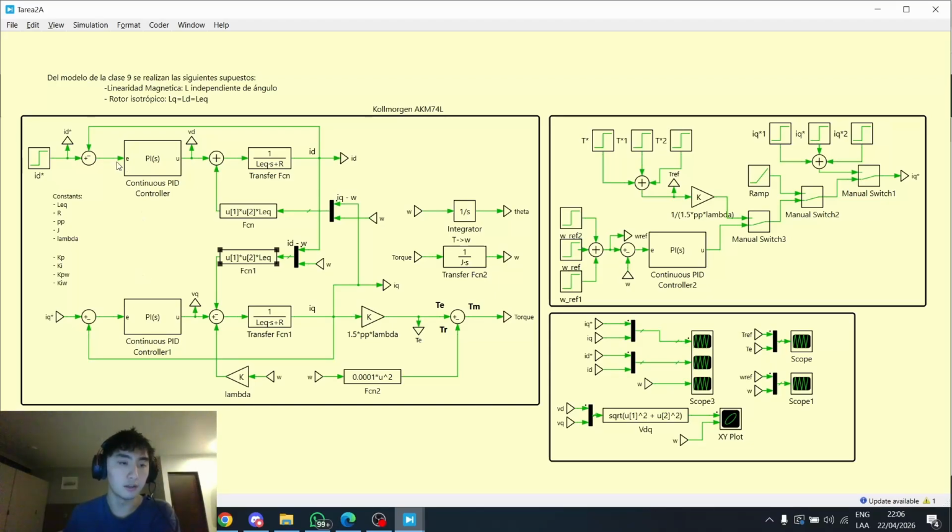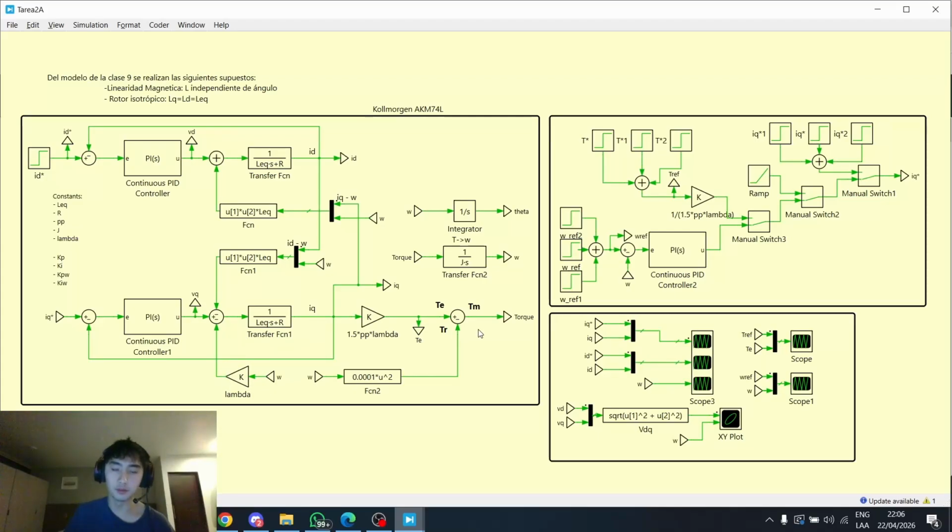This error is individually fed into PI controllers, and the output of the PI controllers is fed into this, which is basically the model of the dynamic equations. These two blocks represent the electrical poles of the motor, and these are for the decoupling of each current, and this one is the decoupling for the back EMF.